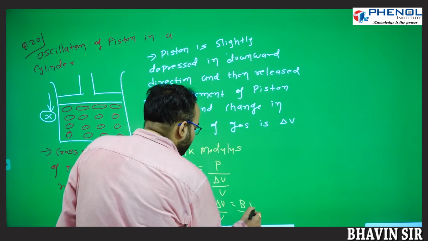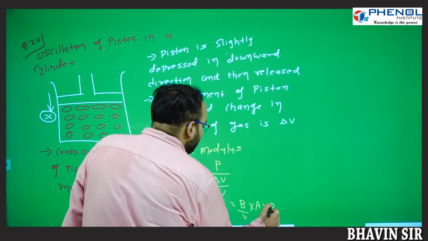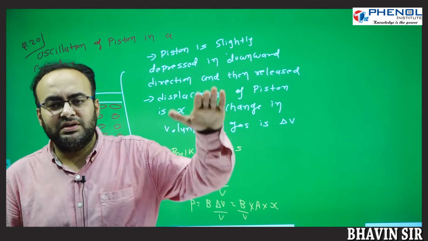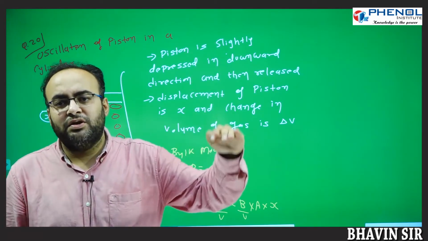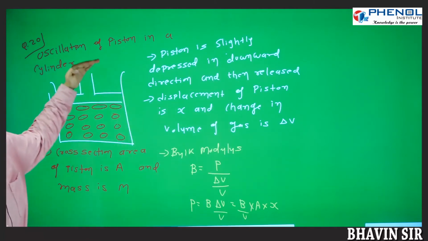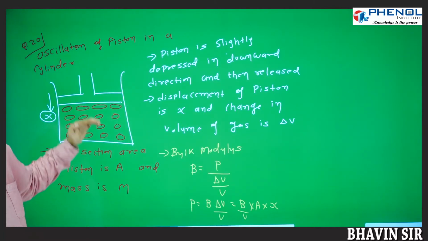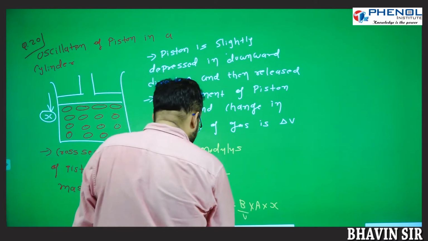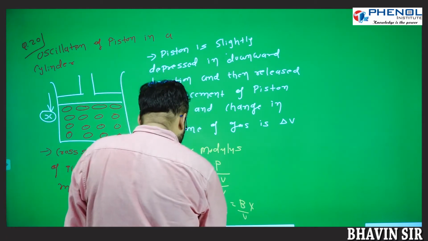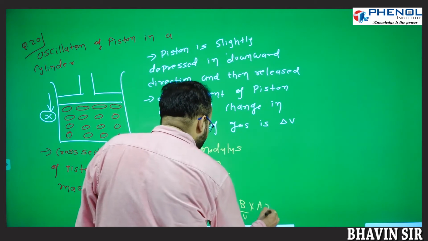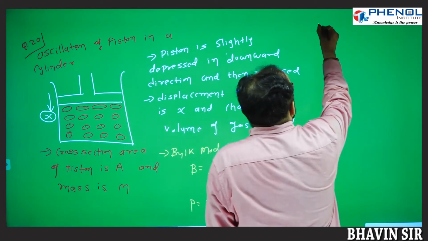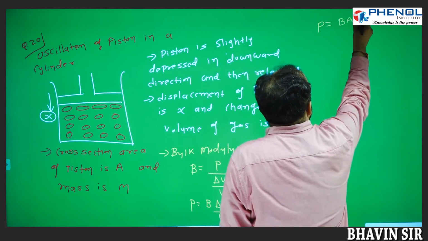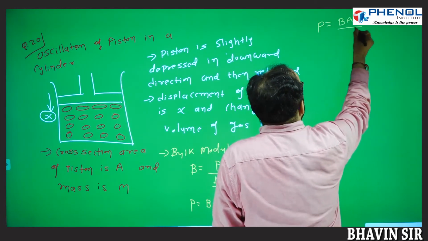Area into displacement. Why do we consider displacement here? Because due to the displacement of the piston in the downward direction, the volume is changed. So the change in volume is A into x, and the pressure is BAx upon V.